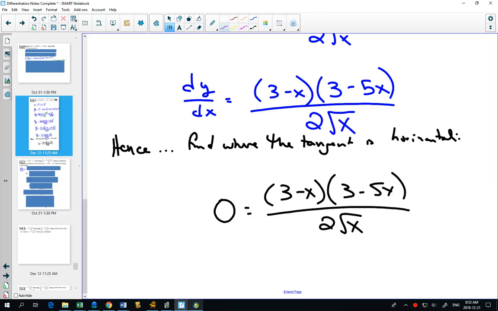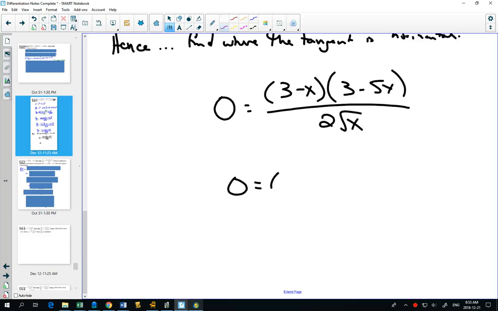And it's really easy to solve for. Because the only time a fraction is equal to 0 is if your numerator is equal to 0. Technically, you could multiply both sides by 2 root x, and you see that your 2 root x would just go away. And basically, you're just solving when is this equal to 0. Okay?